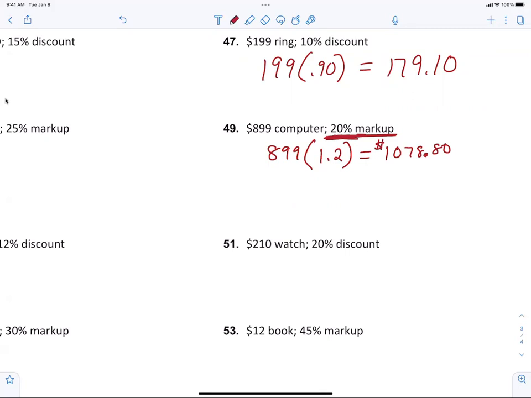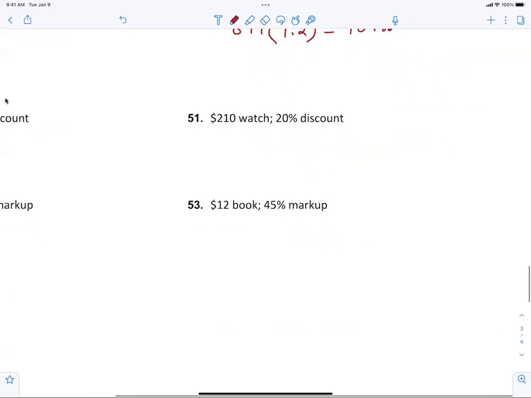All right, Nora, you're going to buy a watch. It says 20% off. All right, so 210 times 0.8 equals $168. All right, Miss Clifton.